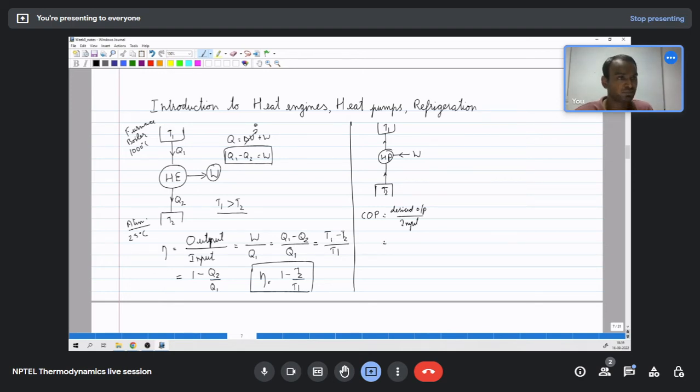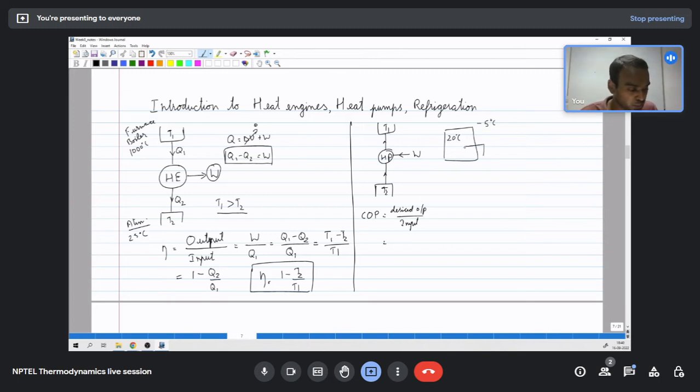So for a heat pump, we supply some work in form of mechanical energy. So this can be provided by an electric motor or something, and the purpose of the heat pump is to supply heat to a higher temperature reservoir. So assuming in cold countries, the room has to be maintained at say 20 degrees Celsius, whereas the outside atmosphere is minus 5 degrees Celsius or something.